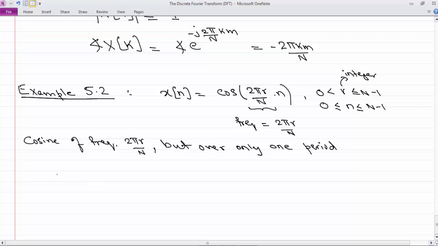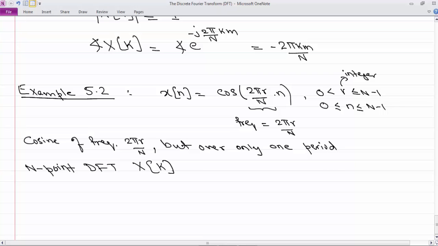Now, how will we compute the DFT? Let's say that we want to compute the N-point DFT, the same as the length of the period. So the N-point DFT X of k.